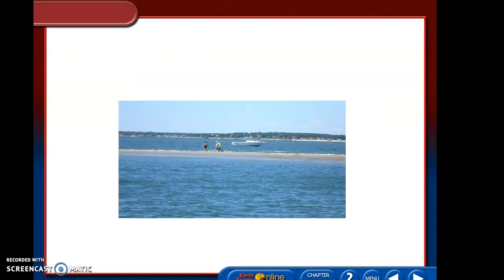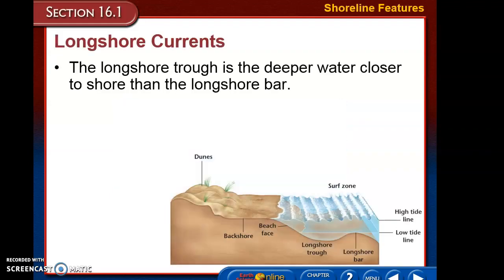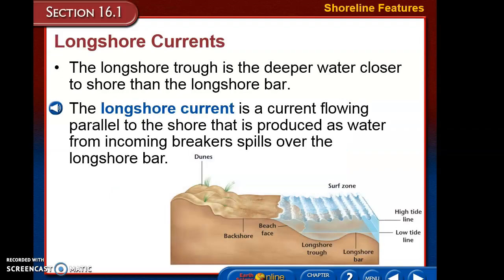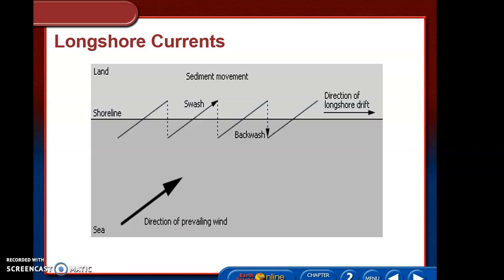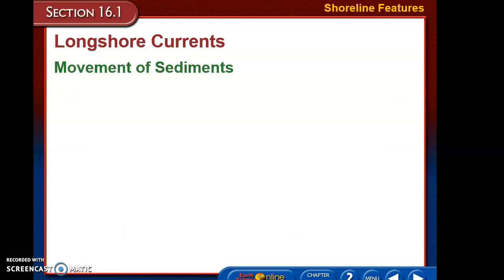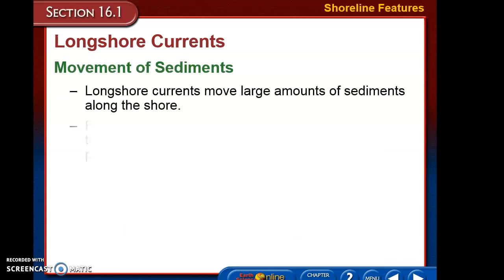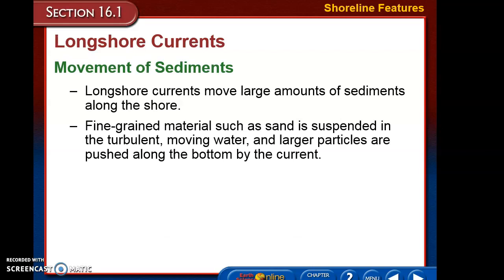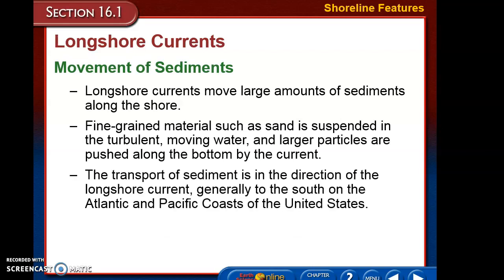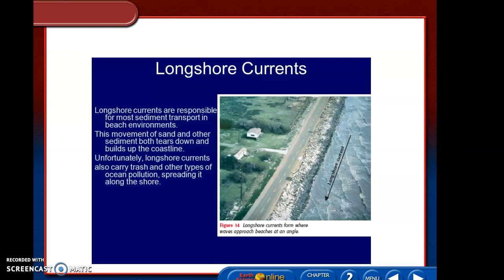See some people hanging out there, fishing off there. And there's your definition of longshore current. It does move sediments along the shore. It will also move pollution along the shore.